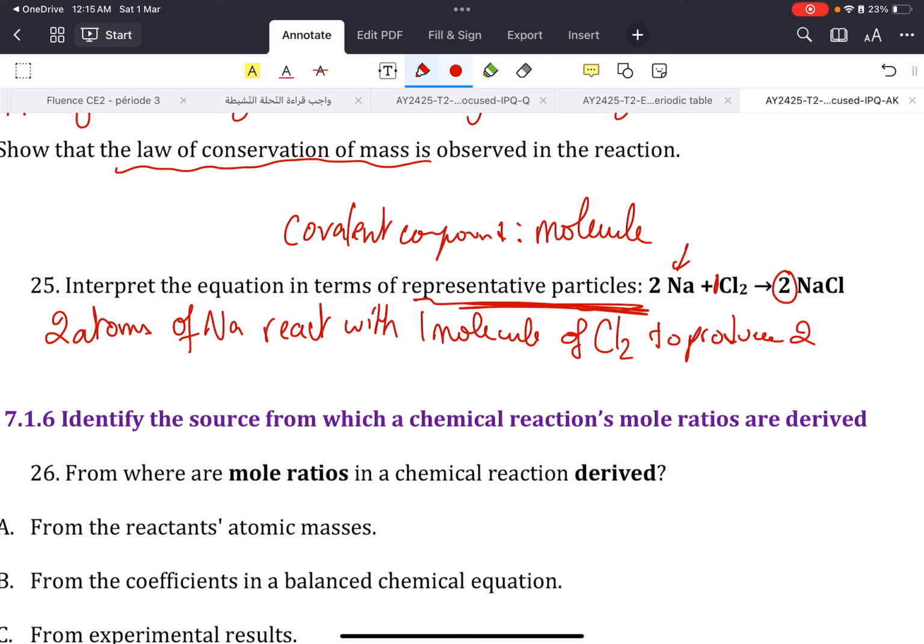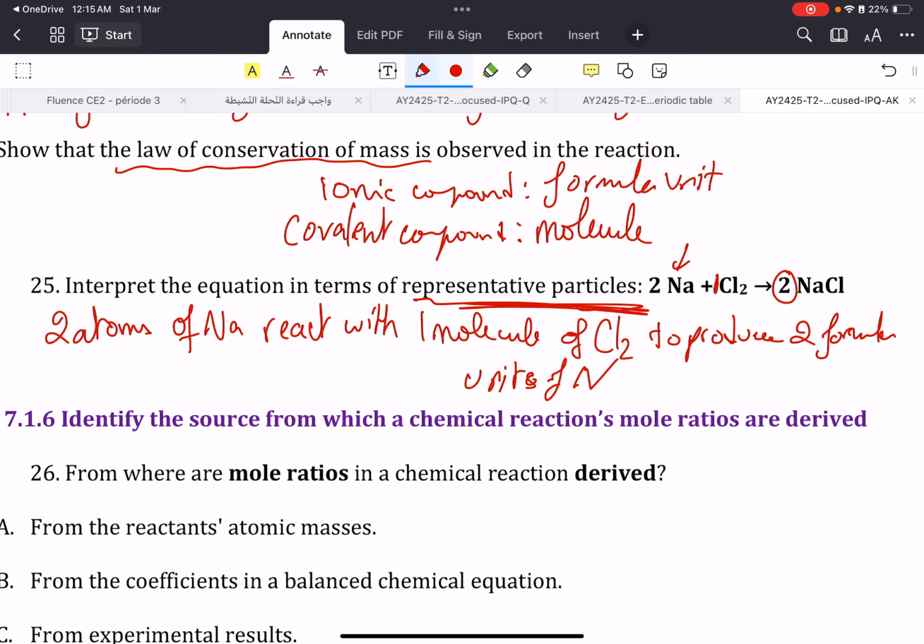Now ionic compound, you will call it not a molecule, instead you will name it as a formula unit. 2 formula units of NaCl.